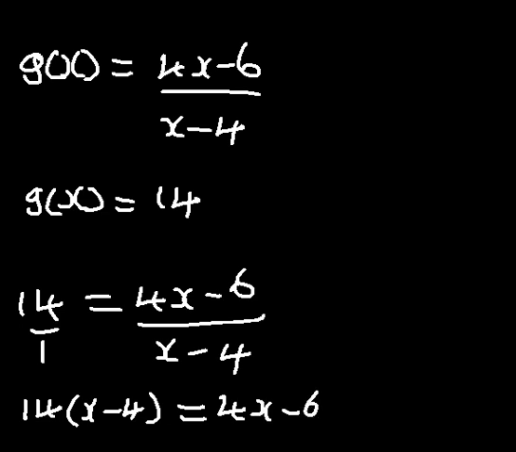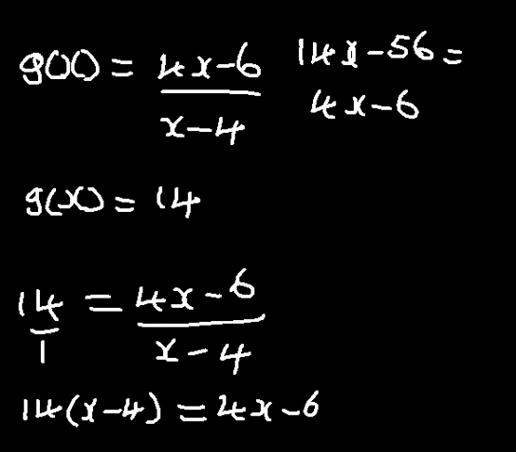So what is 14 times negative 4? 14 times 4 is 56. So we have 14x minus 56, which is equal to 4x minus 6.